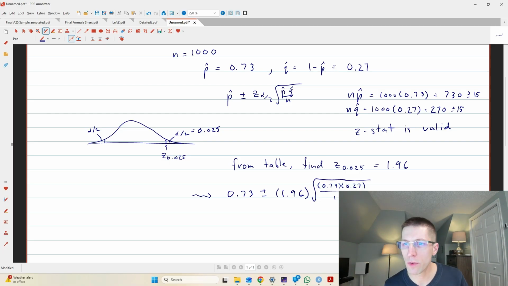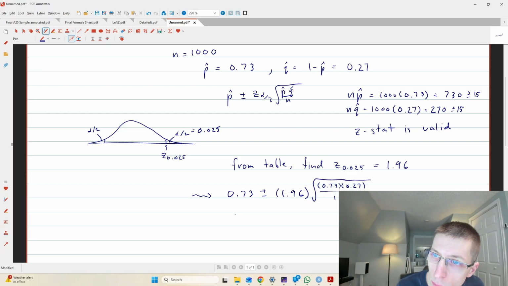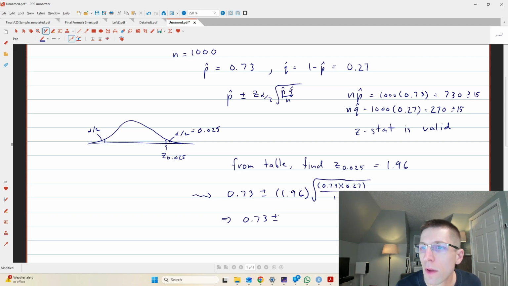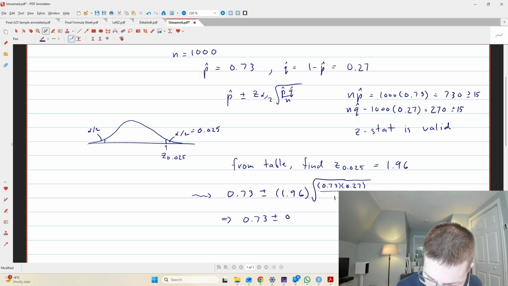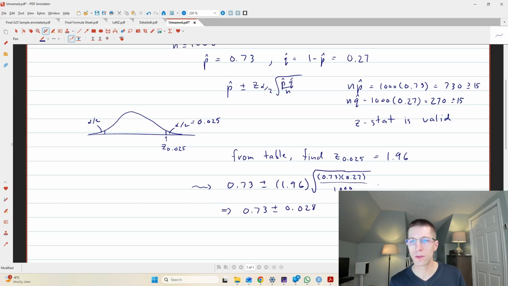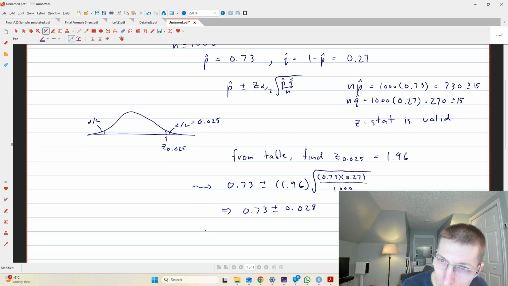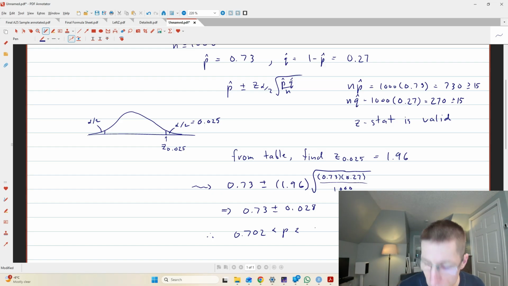And that works out to 0.73 plus or minus 0.028. So that gives that P has to be, with 95% confidence, between 0.702 and 0.758.